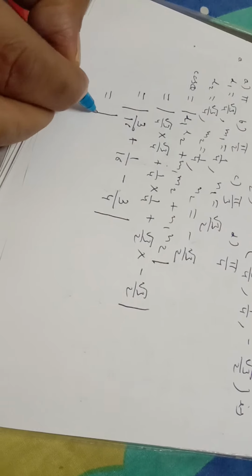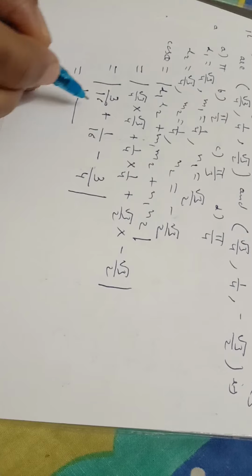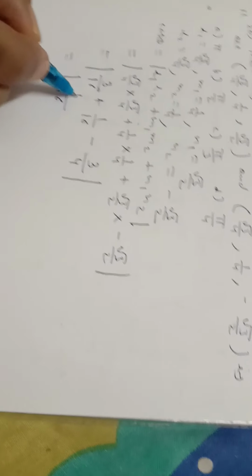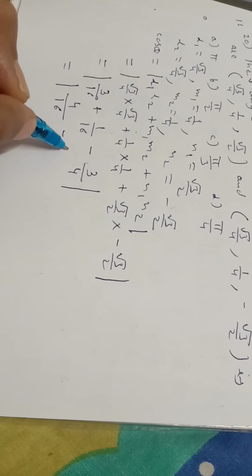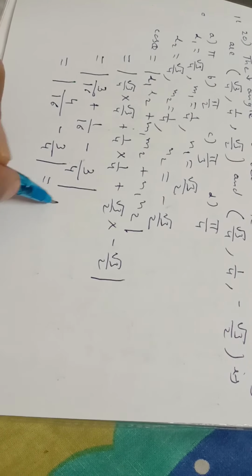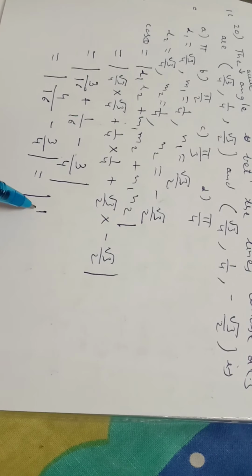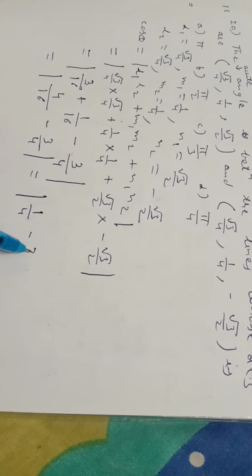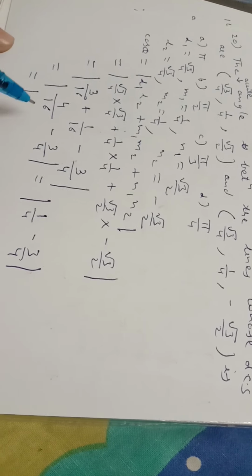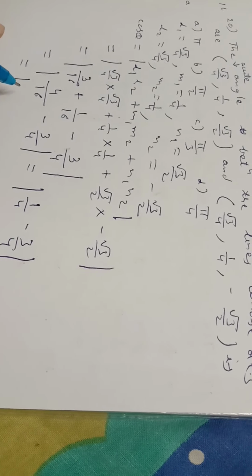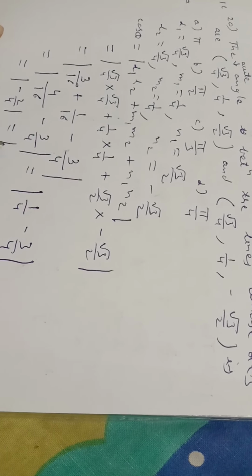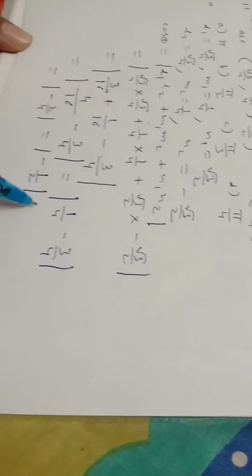Equal to, the denominator is the same, add numerators, 3 plus 1 is 4. 4 by 16 minus 3 by 4 equals 4 by 16, 1 by 4 minus 3 by 4 equals mod of 1 by 4 minus 3 by 4, minus 2 by 4, equals mod of minus 1 by 2.